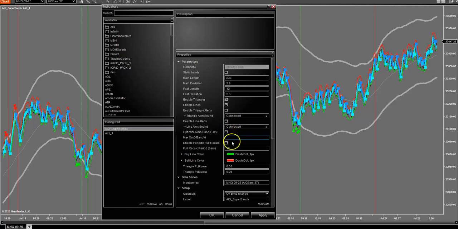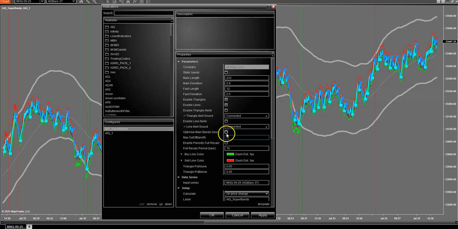And go in here and type in something like, I only want to see 5, 6, or 7%, something like 7% of all the price action outside of the main bands. If you have about 9, 10% of price action outside of the bands or more, your bands are set too narrow. So let me go something like a 7, and then we'll let it do the calculation.